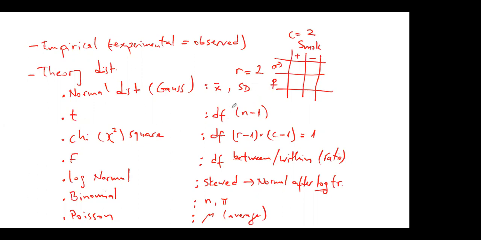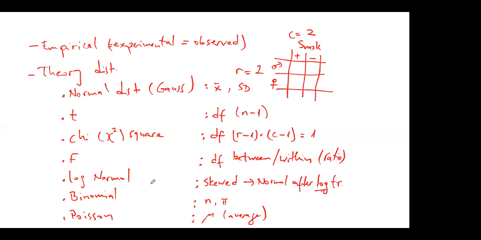For a t-distribution, we need the degree of freedom, n-1. For a chi-square distribution, we also need the degree of freedom, but because it is a categorical variable, it is calculated differently than for the t-distribution. If you have an F distribution, we need the between and within ratio.